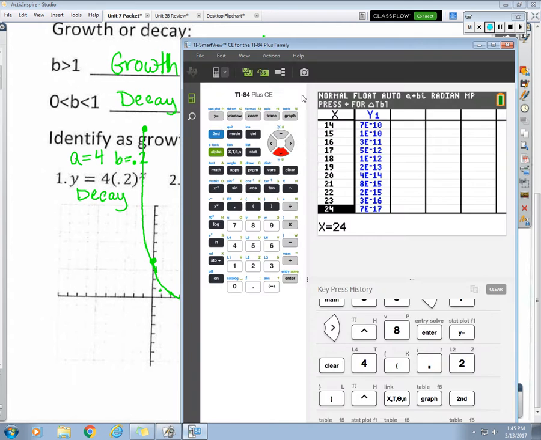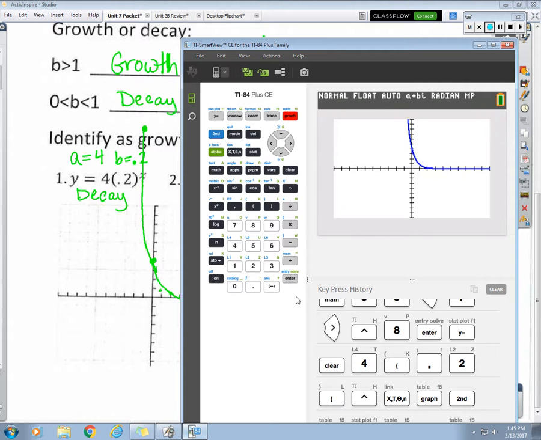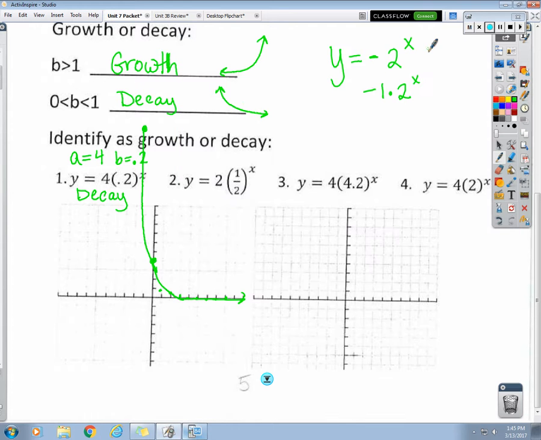Is that what it looked like when we had a picture of it? Now, does anybody remember what it's called whenever your graph approaches something but then it just flattens out and rides right along it? Anybody remember what that is called?